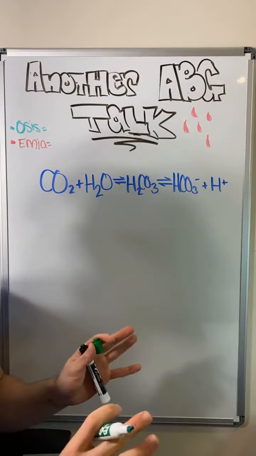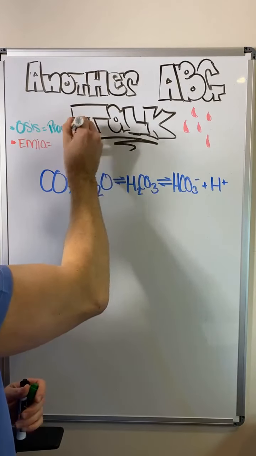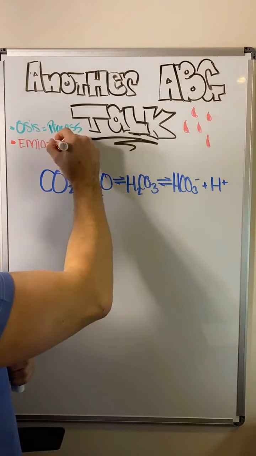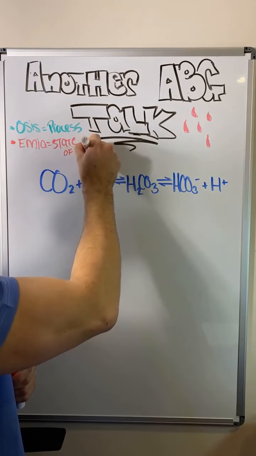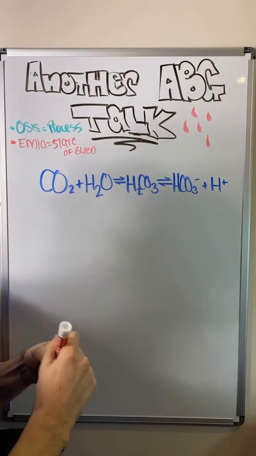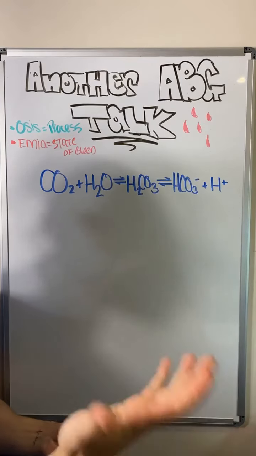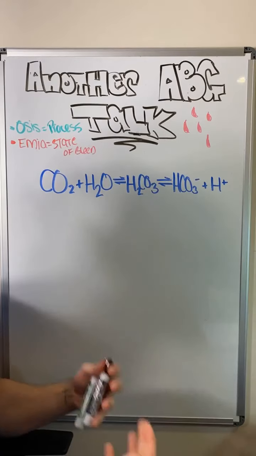An osis is a process. An emia, on the other hand, is the state of blood. What we mean by that is you can have multiple processes happening at the same time. You can have a metabolic acidosis and a compensatory respiratory alkalosis. That's a very normal happening.